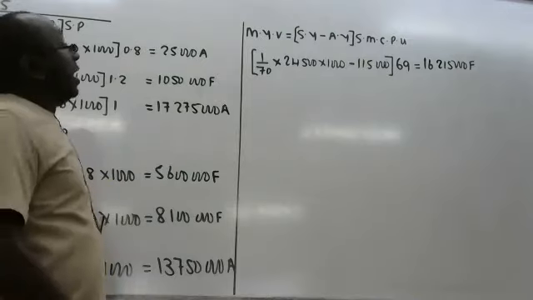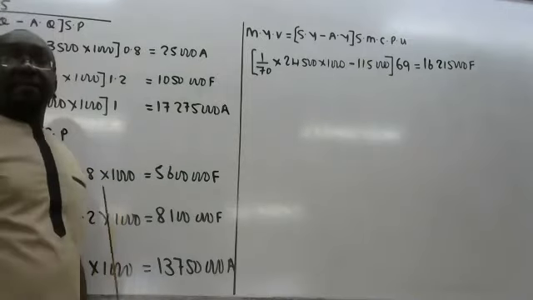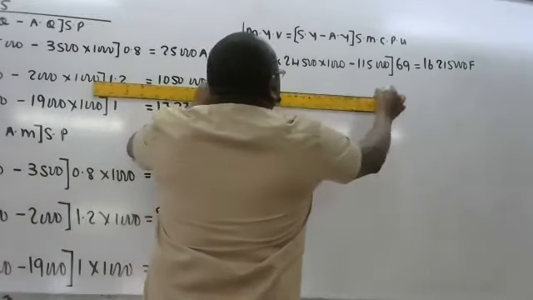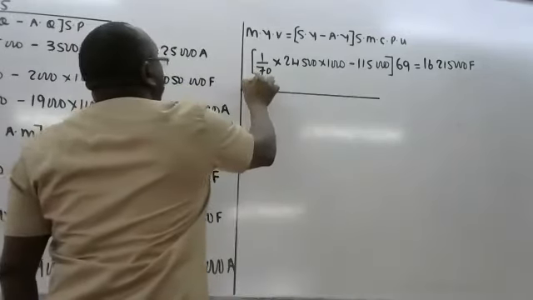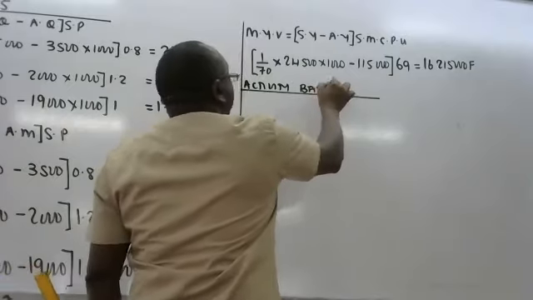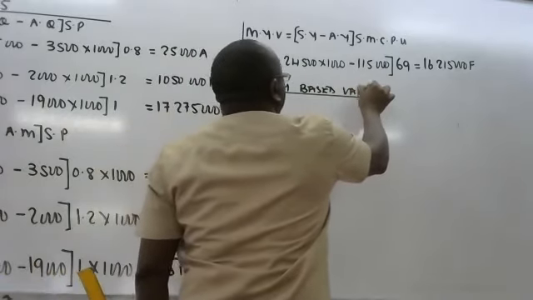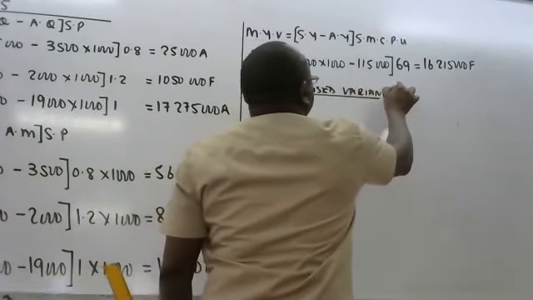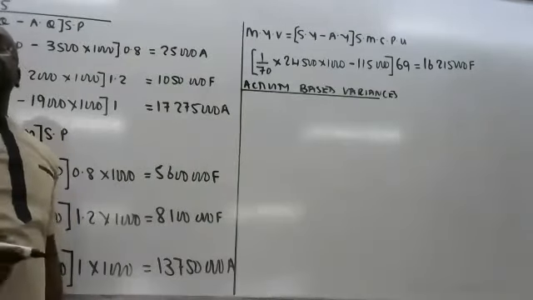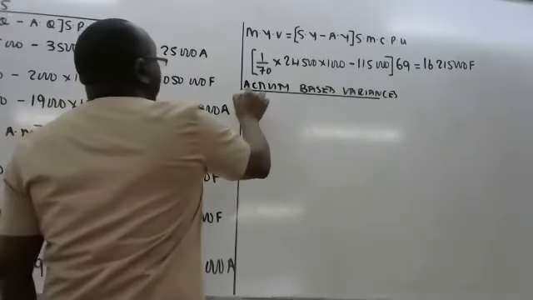Now these are the activity-based variances. Maybe we need to specify the activity-based variances. There are usually just 2 of them. One is called expenditure variance.